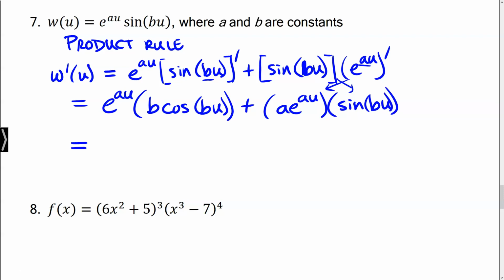Well, I should factor out e to the au. And what's left is, let's see, let me put the sine first, it looks more natural. I've got an a sine of bu plus b cosine bu.